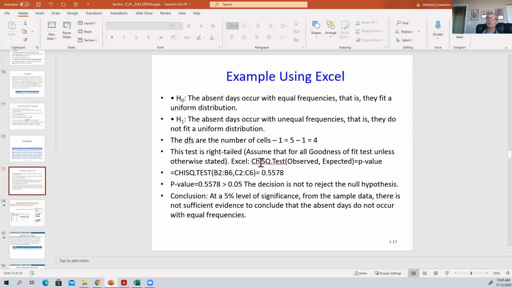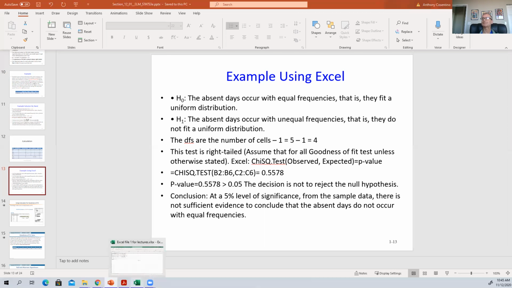Once that p-value is calculated, you compare it to the significance level, alpha. If it's greater than alpha, you do not reject, and if it's less than alpha, you do reject. This is similar to all the other hypothesis testing we do with regard to the right tail test.